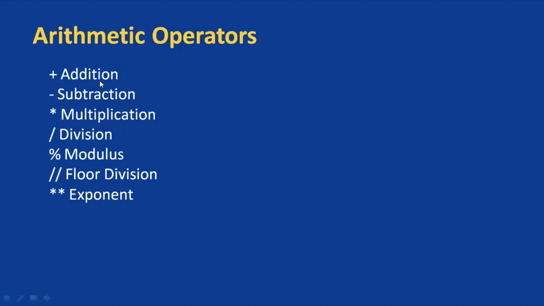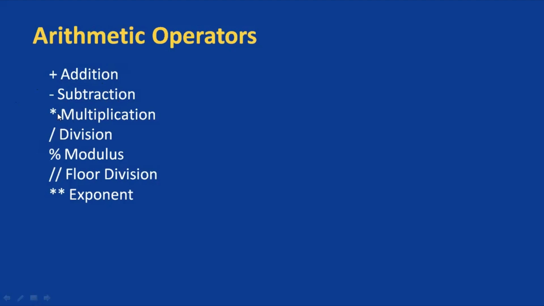Addition is used to add two variables, or we can also use it for string concatenation, that is, string addition we can do with this plus symbol. Subtraction is used to subtract the variables, and we use the minus symbol.